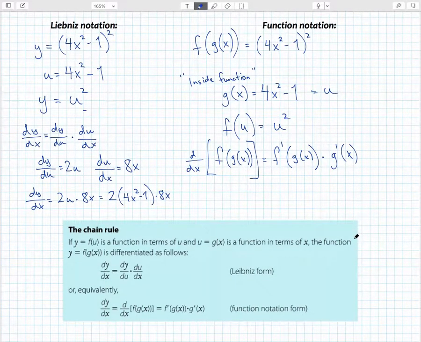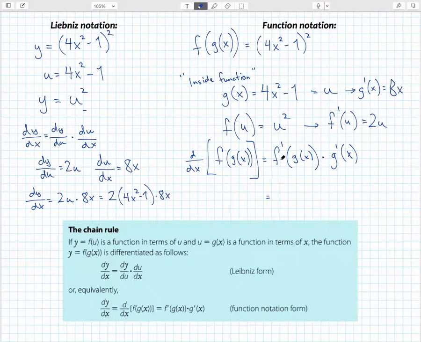And we'll see that this is going to be equal to, we first need to find the derivative of f. So if we look at this, we know that f dash of u is going to be 2u, and we know that g dash of x is going to be 8x.